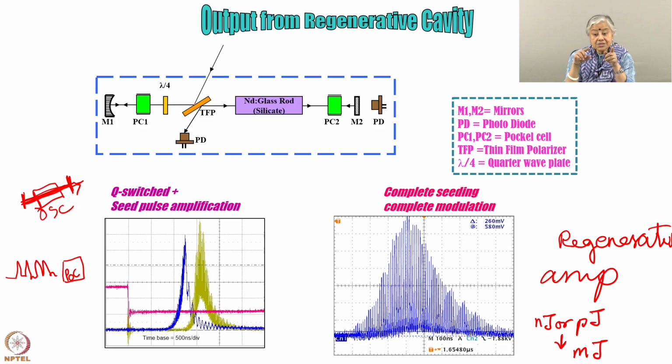The advantage is, in one stage of an amplifier you can get a large extraction of energy and increase the energy, but at the same time you are adding some distortions in your seed pulse temporal profile because of that Q switched pulse or the amplified spontaneous emission. Anyway, nothing can be done, you have to live with this.